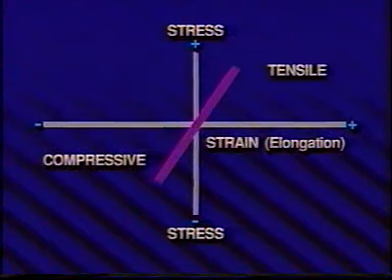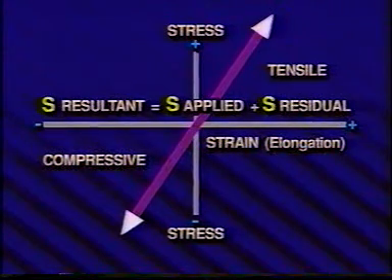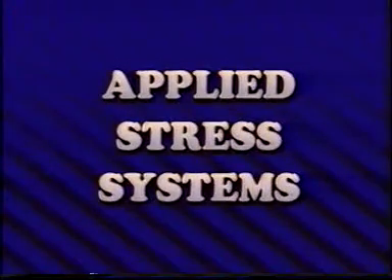The tensile stress is positive, the compressive, negative. The resultant stress can be caused by either 100% applied stress, 100% residual stress, or any combination of applied and residual stress. Applied stress. Most fractures, the most serious type of failure, are caused by applied tensile stresses.